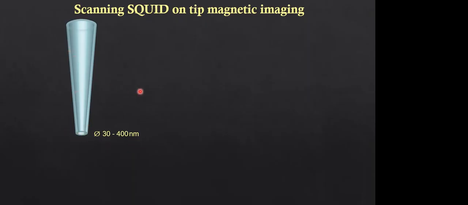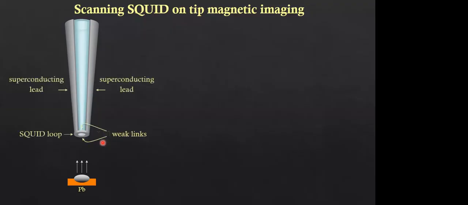This forms a needle, and then we deposit lead to form 3 leads, 3 depositions: one on one side, another on the other side, and then one on the apex. These 3 depositions form 2 superconducting leads, and a SQUID loop is formed by the 2 weak links between the superconducting leads.